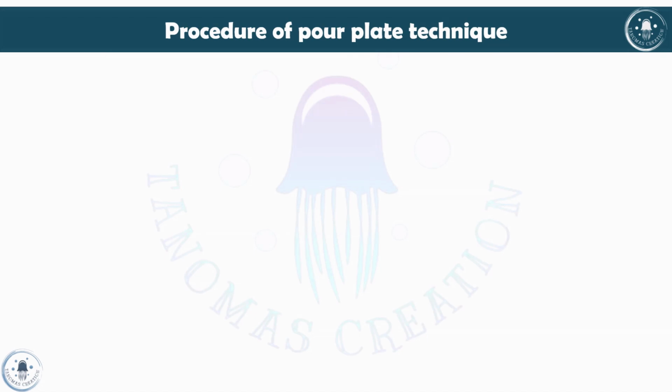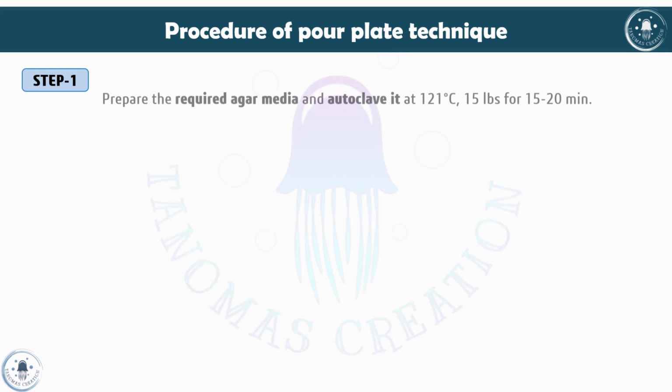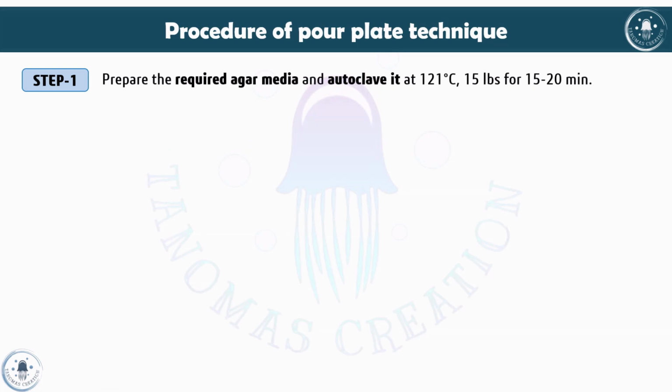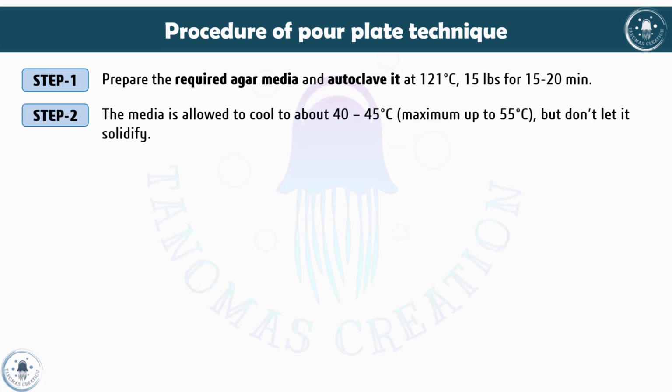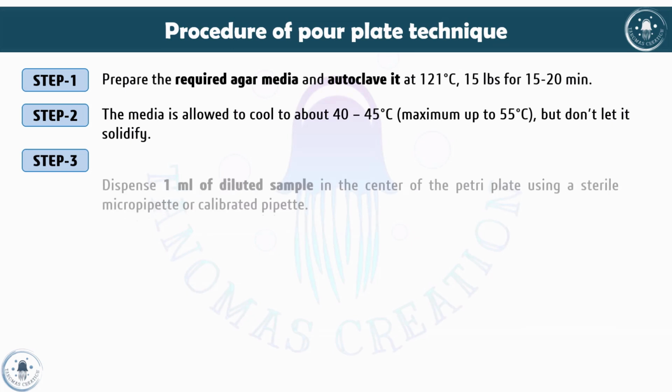Now, coming to the second procedure of the pour plate technique. Here, half of the steps are the same. First, prepare the required agar media and autoclave it as usual, and then allow the media to cool to 45 degrees Celsius. Remember, you don't solidify it in the conical itself.